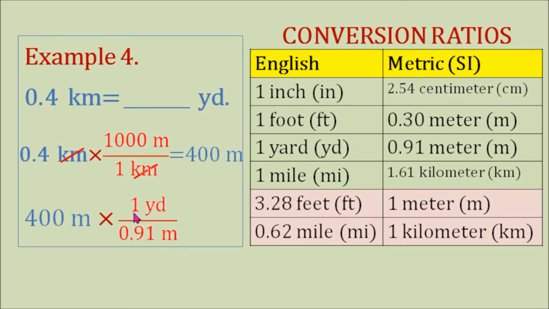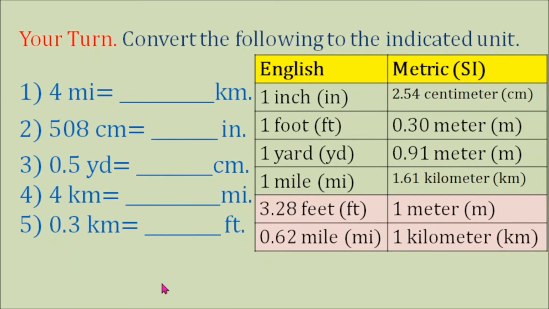And that's 1 yard over 0.91 m. This m cancels out, so this means 400 times 1 divided by 0.91, and that's 439.6.